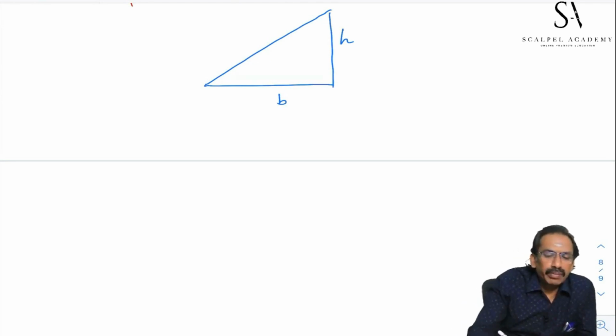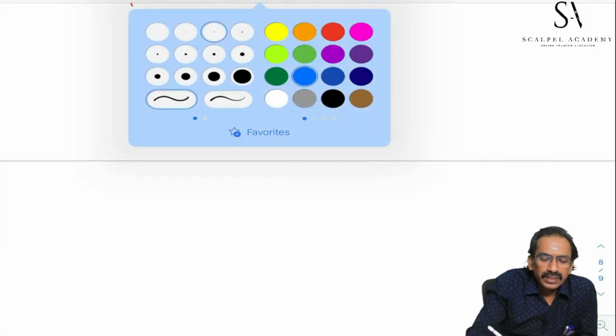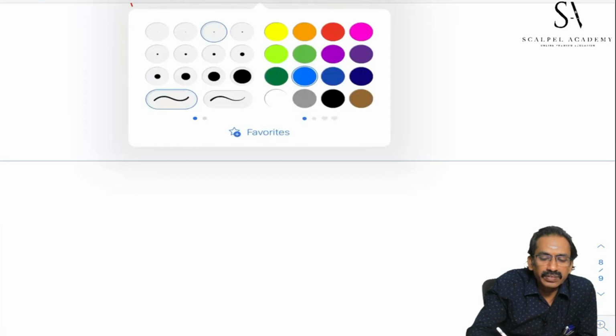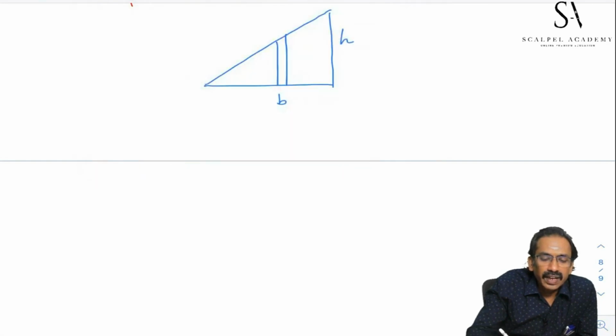Shall we divide into a number of elements? Like this, I divide this triangle into a number of elements. Among that, this is one of the elements. I calculate the area of this element.